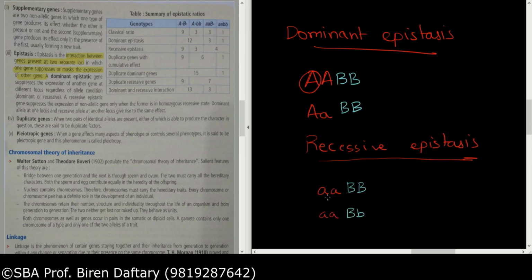But as you can see, in recessive epistasis the epistatic gene is a recessive gene. This small a is the epistatic gene, and for that to show its effect, it has to be present in double quantity. If I add capital A over here, it cannot show its effect, because a recessive gene cannot show its effect in presence of a dominant gene.